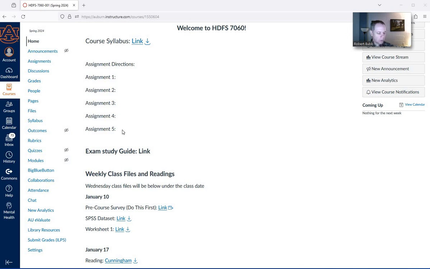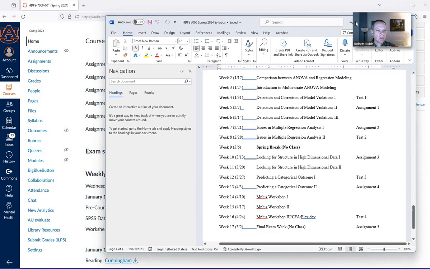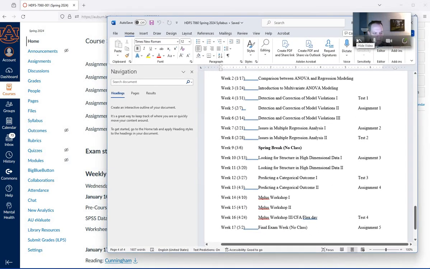If you've opened up your syllabus and read it already, you've seen the schedule on there. You'll see that we're spending a lot of time with regression, whether it's issues in multiple regression or detecting and correcting violated assumptions. Whatever it may be, we're spending a lot of time in regression. So this is a regression class. We left off at 7050 with simple linear regression, multiple regression, and moderation models, and now we're going to take it a step further and get into the nitty-gritty of what regression is all about.